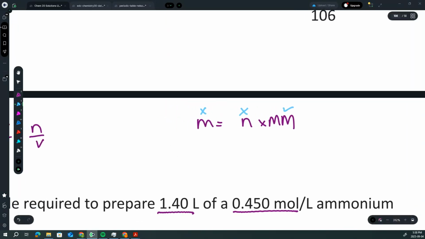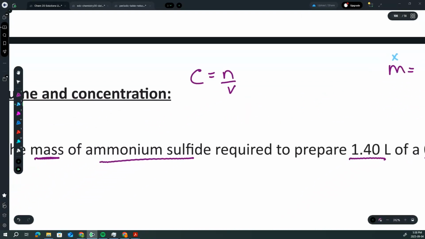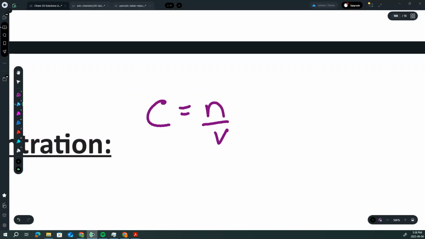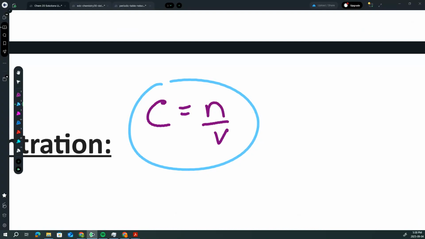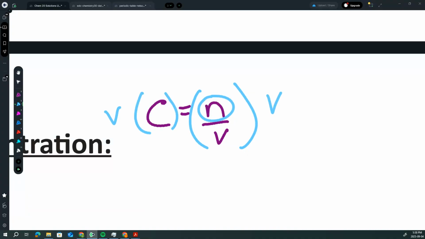Okay, so how we're going to figure out moles is since we have concentration and volume, we're going to rearrange this equation here to isolate for moles. So how we can do that is since volume's doing the dividing, I'm going to do the opposite of dividing, which is multiplying.